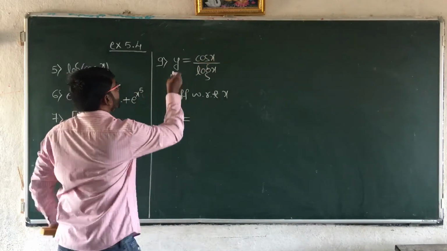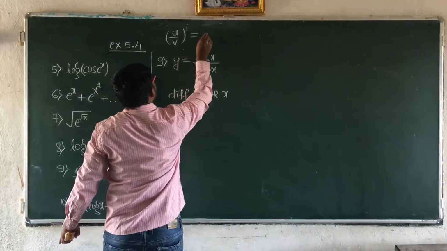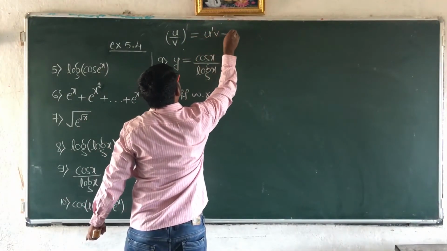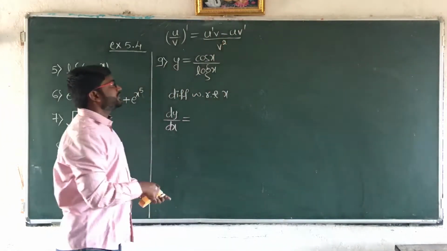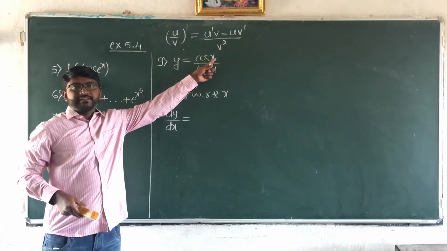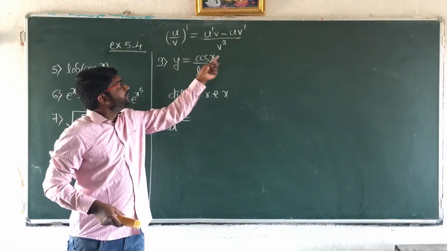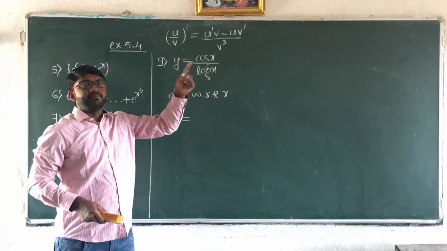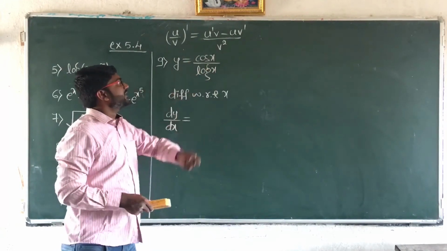So we have to apply the quotient rule here. u by v, the whole dash, is equal to u dash v minus u v dash, divided by v square. So here u is equal to cos x and v is equal to log x, and u dash will be the derivative of the numerator and v dash will be the derivative of the denominator.